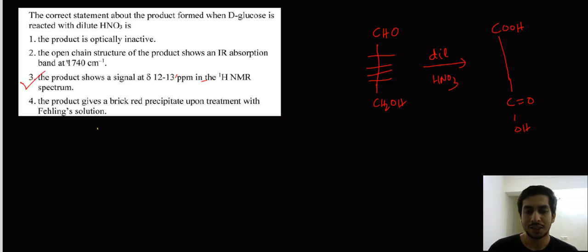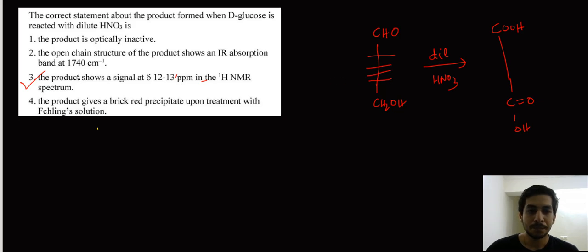The second option says that we will see IR stretching around 1740, which is not correct, because for carboxylic acids you generally see around 1690, 1680 or 1700 cm inverse. The product is optically inactive, which is not correct, because we'll have different chiral centers which will make it optically active, because those will not be changed at all.